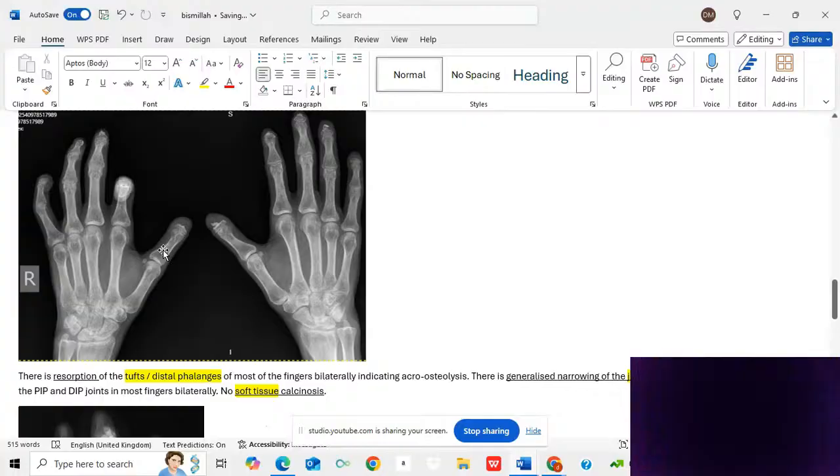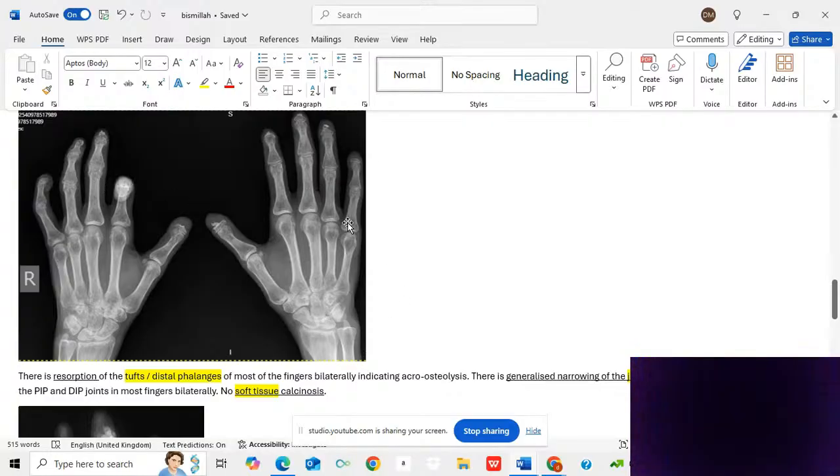The last finding is the diffuse arthropathy, or the generalized narrowing of the joint space. Here you can see the generalized narrowing of the joint space seen in this area and in this area, not in between.